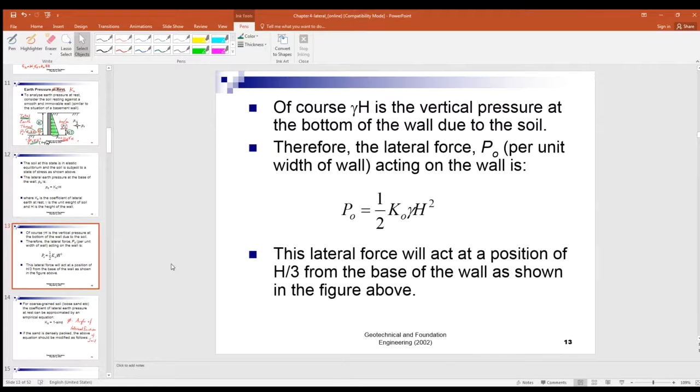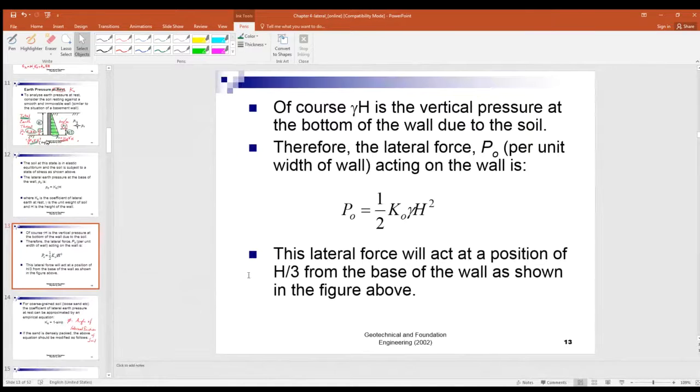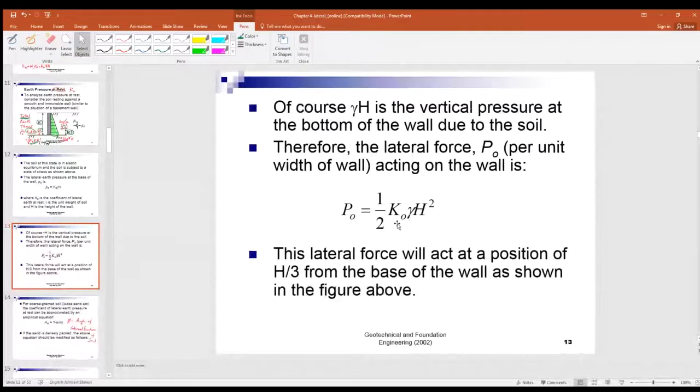And the total force, or the earth force acting behind the wall, will be equal to K naught gamma H squared divided by 2. Now, you have to pay attention. Here, what's that? Per unit width of wall.